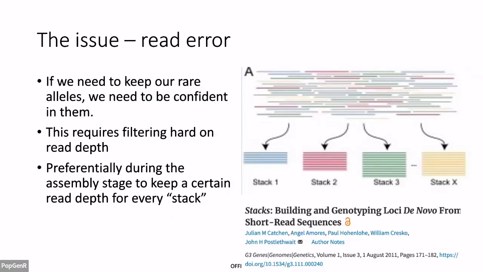is read error. Again, this is our confidence in our alleles. This is what Stacks does. Let's say this is all the sequences for one gene across a population. It creates each allele as a stack of identical loci, and then takes those stacks and says, actually, these two are the same gene.